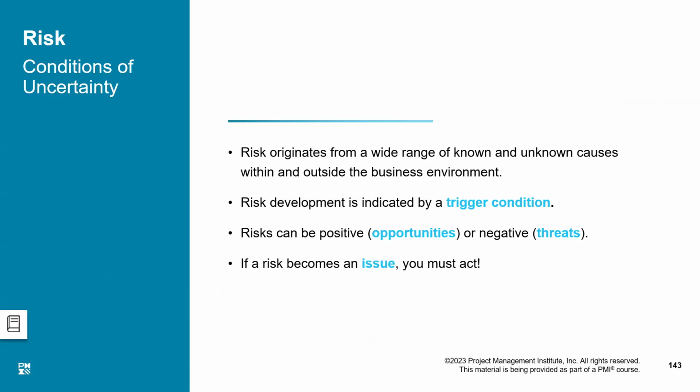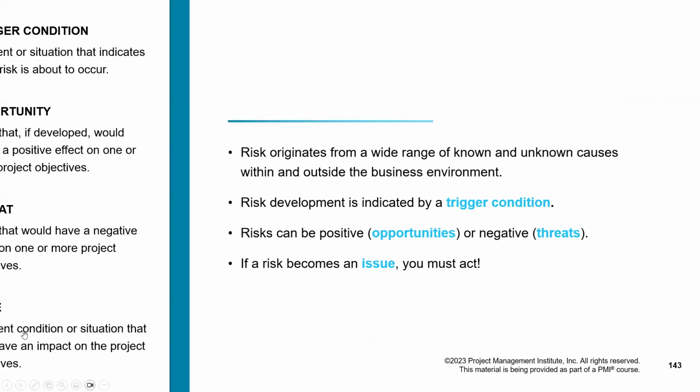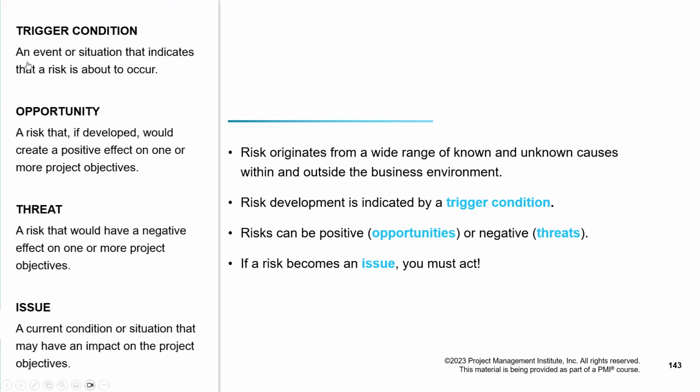Then there is another thing which is called a trigger condition. What is a trigger condition? A trigger condition is an event or situation that indicates that a risk is about to occur. We have identified a risk. The likelihood is that it will occur after 1 month.